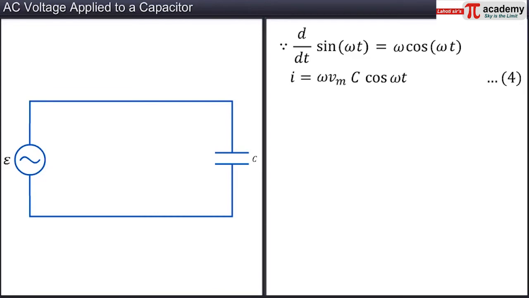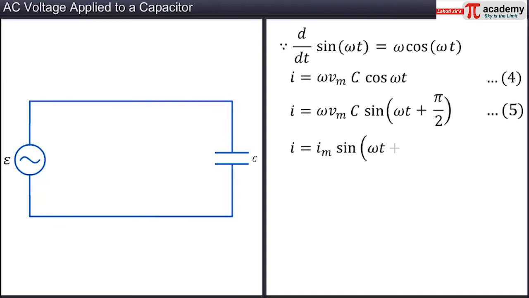By trigonometric substitution of cos theta with sin theta plus pi by 2, we get equation 5 as shown. This equation can be represented as I is equal to Im sin of omega t plus pi by 2, where Im is equal to omega Vm C. Let this be equation 6.